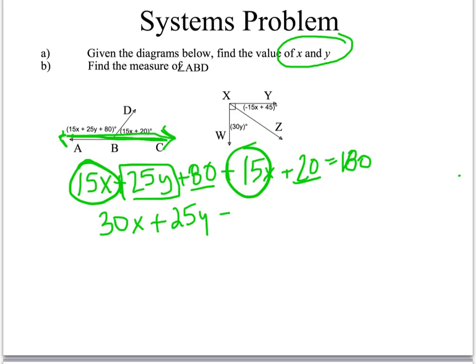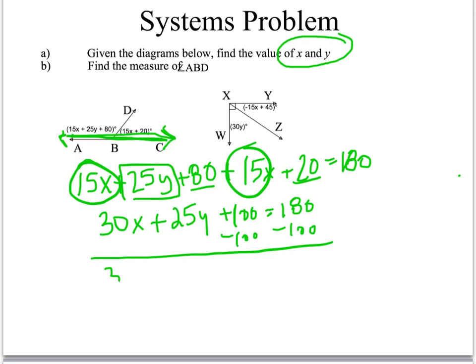Plus 80 plus 20 is plus 100 equals 180. Now at this point I'm going to subtract 100, and I'm going to have a nice neat equation written: 30x plus 25y equals 80.